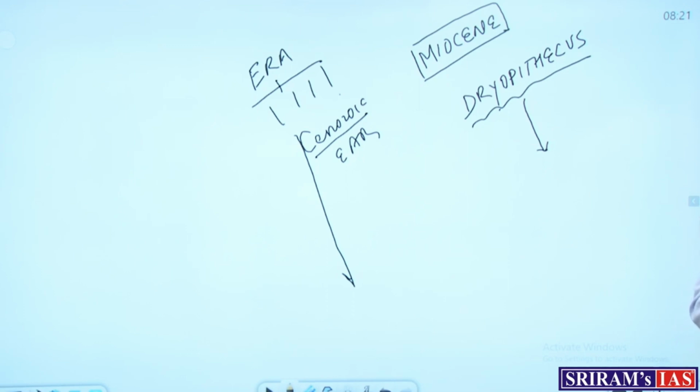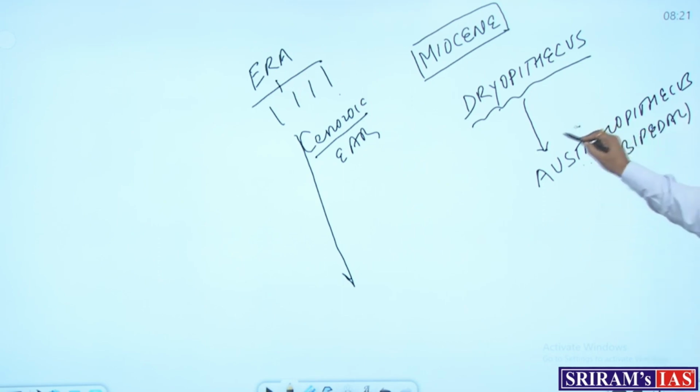Scientists gave the name Australopithecus. For your information, this is considered the first known bipedal on earth, Australopithecus afarensis. It's from Africa. So Dryopithecus is a knuckle walker, and then Australopithecus is bipedal. And this is the oldest fossil evidence related to bipedal.